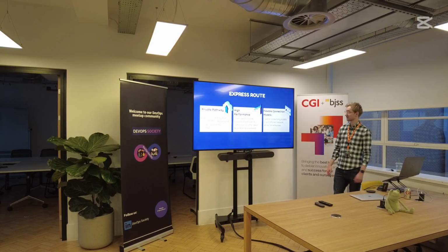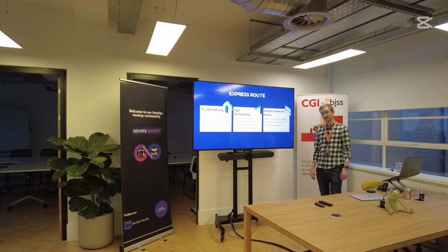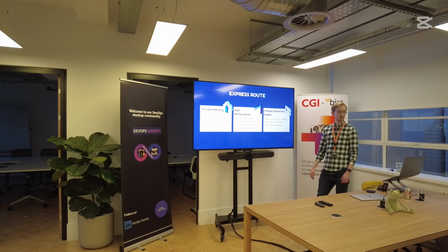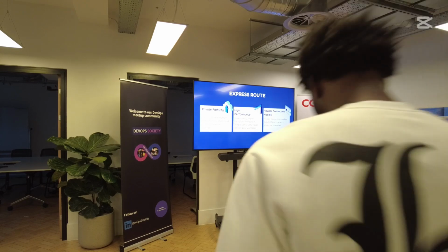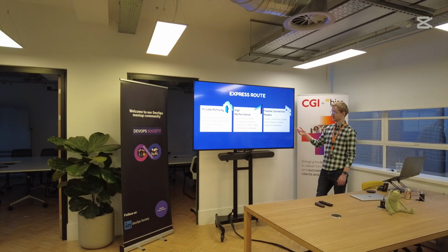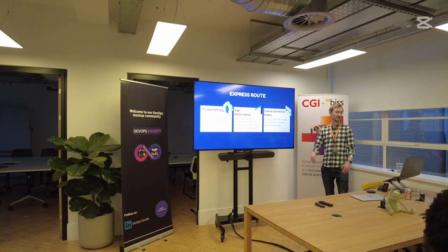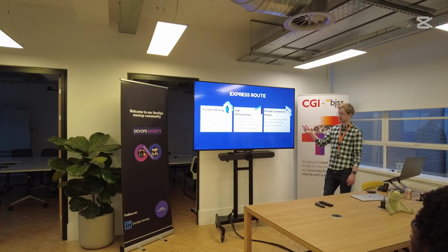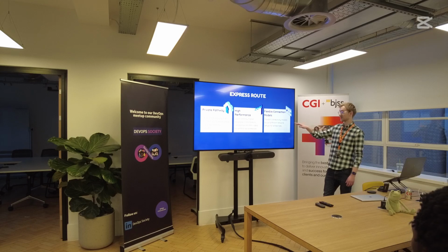So yeah, ExpressRoute. A simple explanation of what ExpressRoute is: it's layer 3 connectivity from your data center to Azure cloud. It doesn't go over the public internet. So if you ever set up VPN connectivity from on-premises to cloud, or maybe between clouds, this is an option where it doesn't go over the internet.